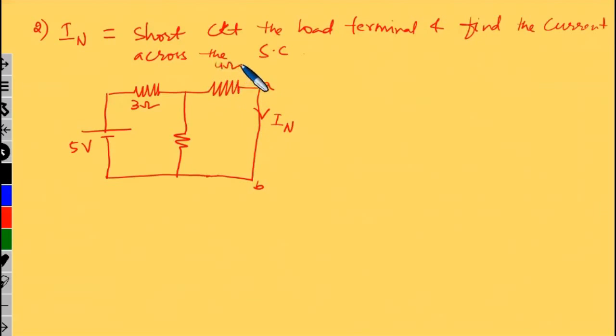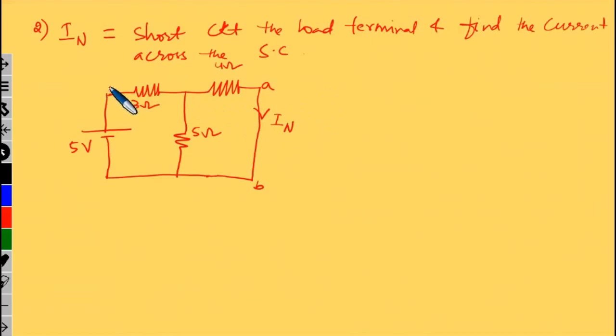Okay, so this is 4 ohm and this is 5 ohm. So in Thevenin's theorem, we found V Thevenin across the load terminals. Now we are going to find the I Norton, that is current across the Norton circuit. So here if you observe, what is IN? IN is nothing but the current flowing through the 4 ohm resistor.